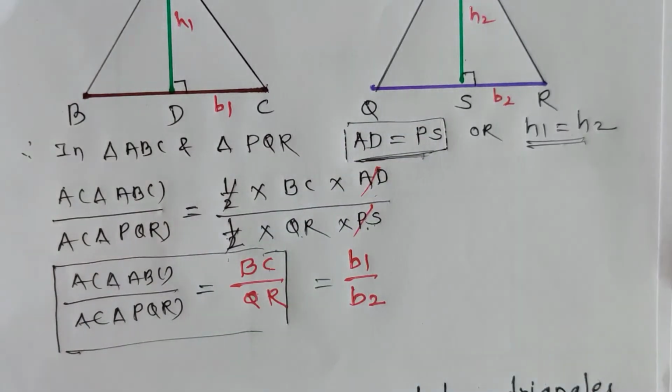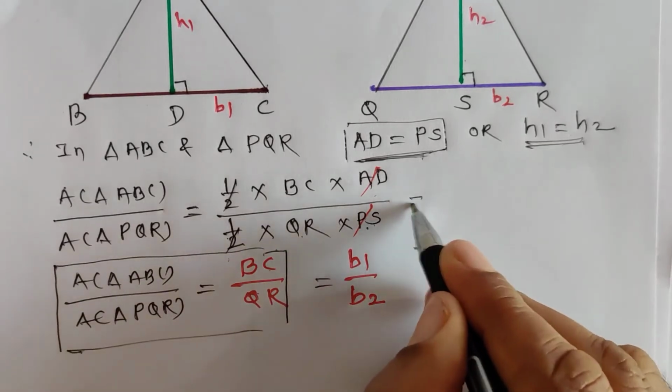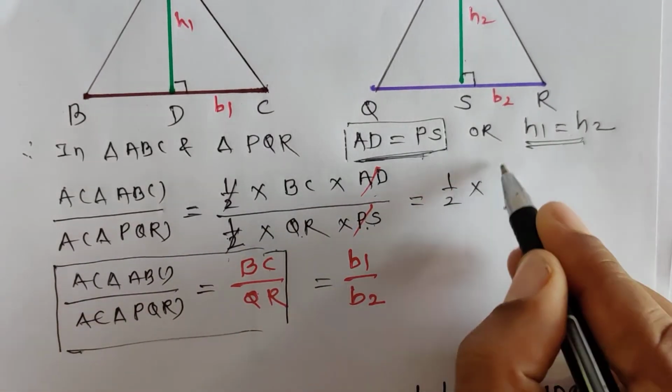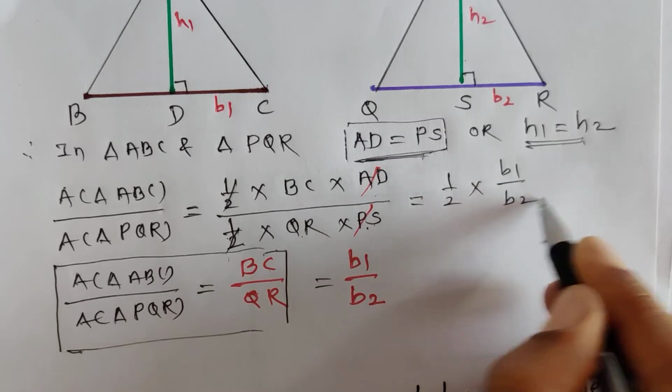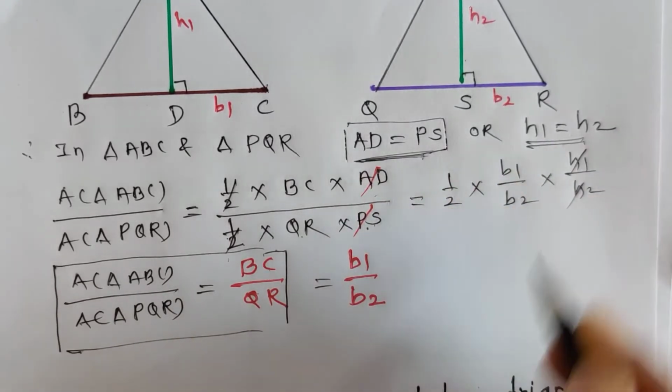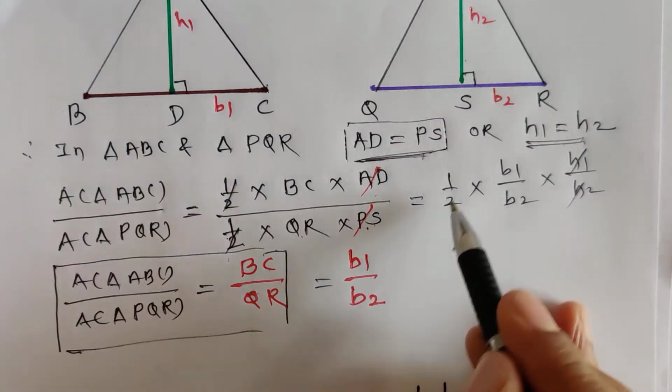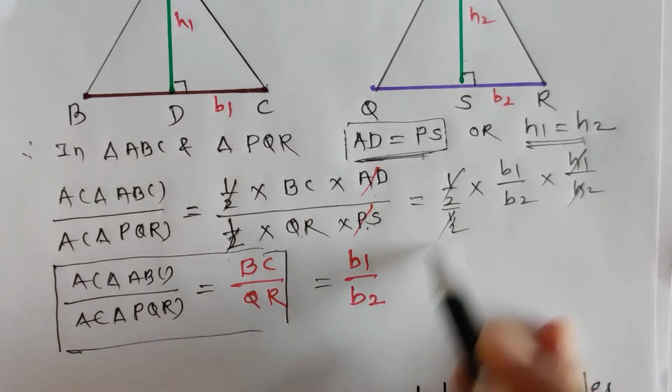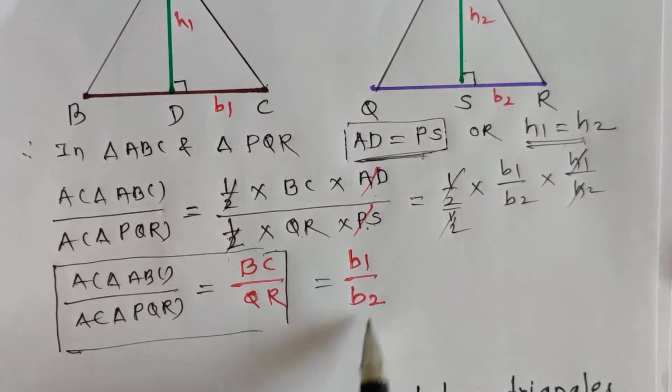AD and PS heights are equal, H1 and H2 are equal. So we can write half into B1 upon B2 into H1 upon H2. But H1 and H2 are equal, so they get cancelled. This half also gets cancelled. We get B1 upon B2.